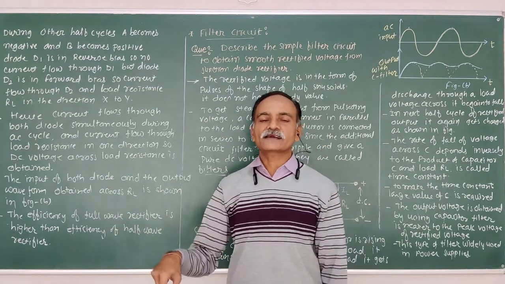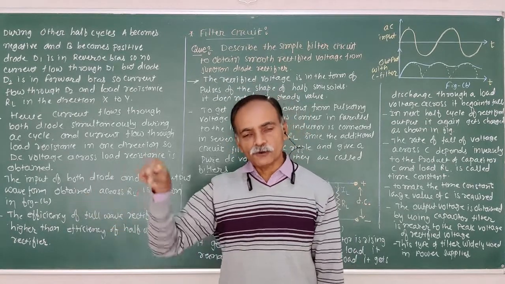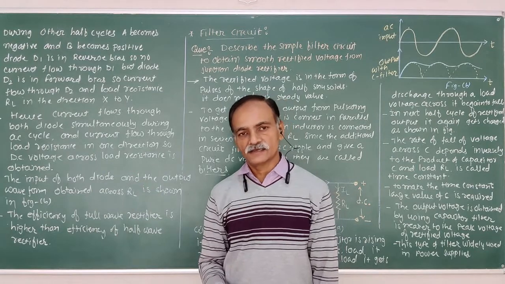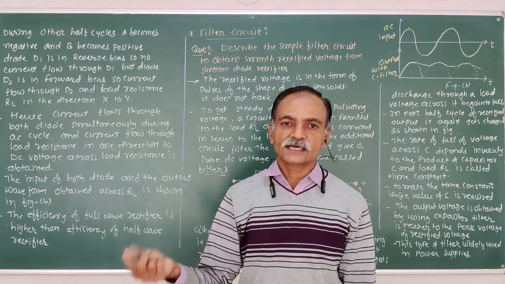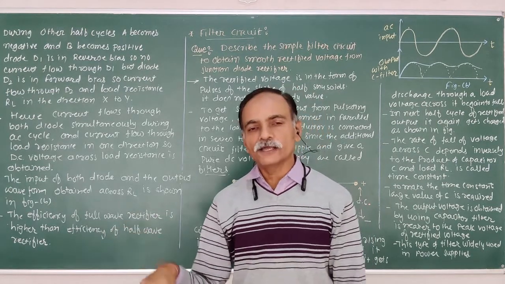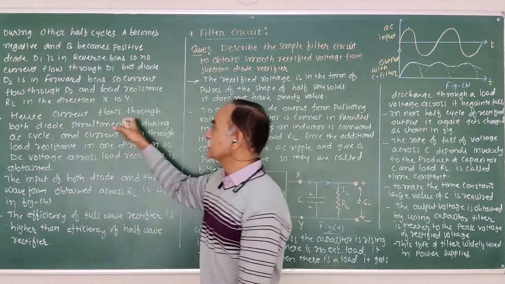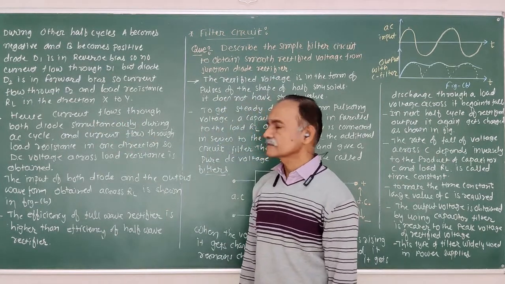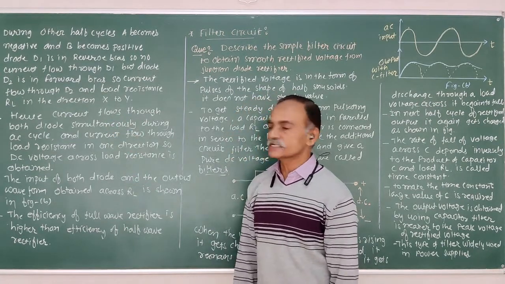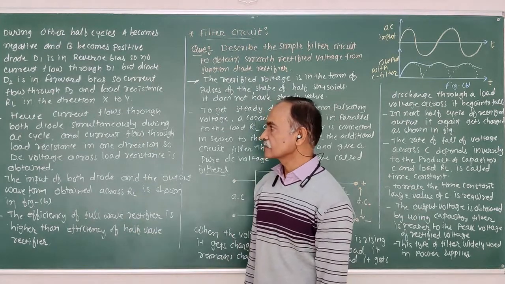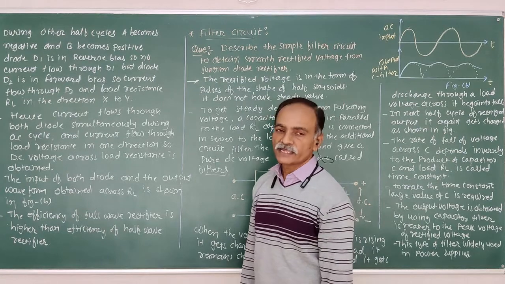During the positive half cycle, D1 is in forward bias, D2 is in reverse bias. Therefore, current flows through the D1 and load resistance R. During the negative half cycle, diode D1 is in reverse bias, D2 is in forward bias, current flows through the D2 and load resistance R. Thus, during both cycles of AC, current flows through both diodes simultaneously during the AC cycle, and current flows through the load resistance R in one direction.